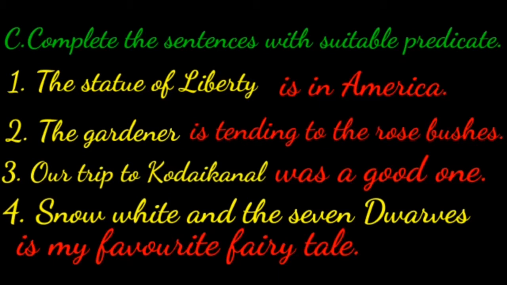Snow White and the Seven Dwarfs is my favorite fairy tale. I repeat, Snow White and the Seven Dwarfs is my favorite fairy tale. Here, Snow White and the Seven Dwarfs is the subject, is my favorite fairy tale is the predicate.